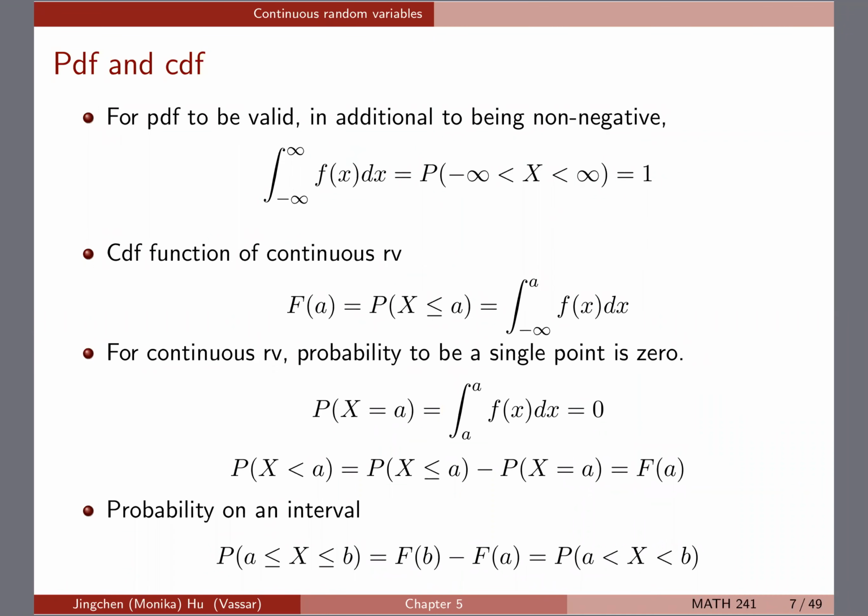And lastly, if we're looking at the probability on the interval from a to b, it will just be the difference between the CDF evaluated at b minus the CDF evaluated at a. And again, because at a particular value a or b the probability of X taking that value is 0, including a or b or excluding a or b, they're all going to be equal to each other.